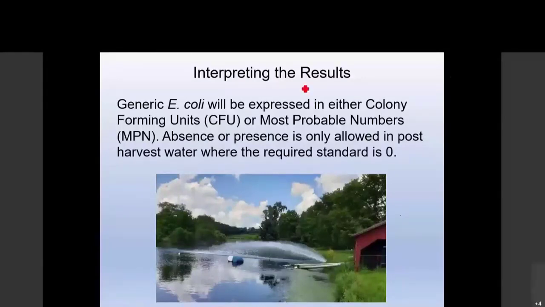Absence and presence, which frequently is a little bit less expensive, you can use for post-harvest water, but know the standard for post-harvest water is 0. So if you're talking about surface water or groundwater, you want the test that will give you your generic E. coli expressed in either CFUs or MPNs. Both of those units are interchangeable, and it's okay to have them in one or the other.